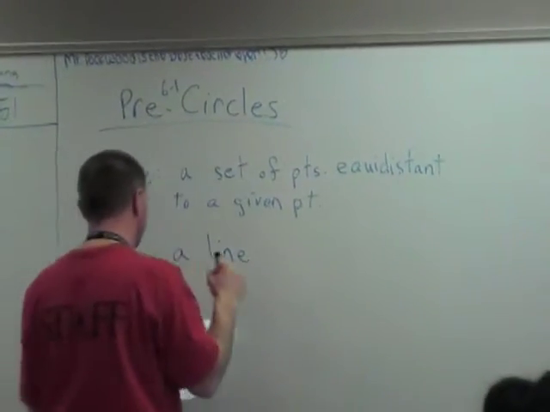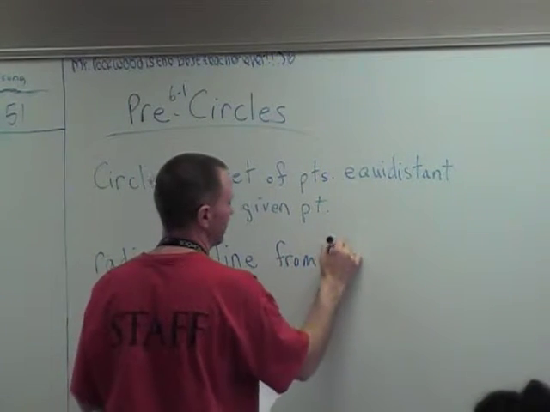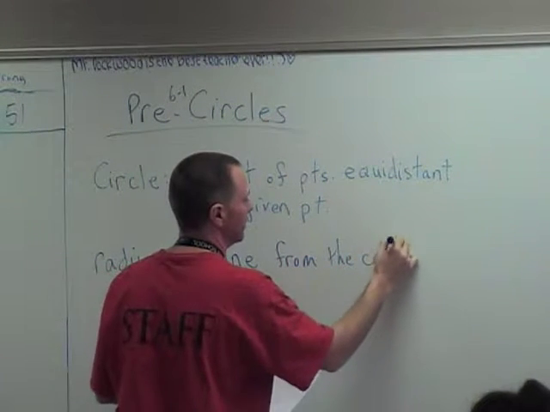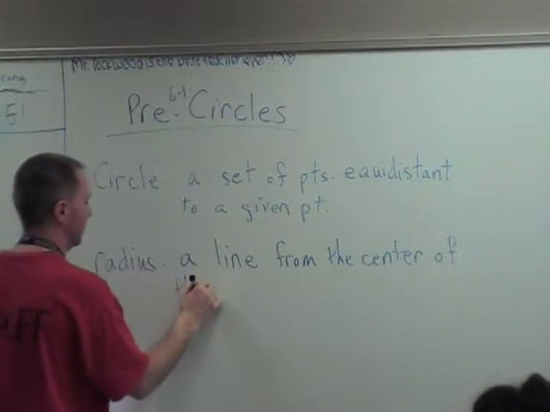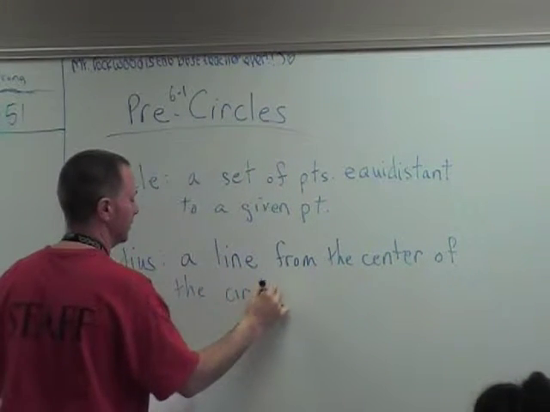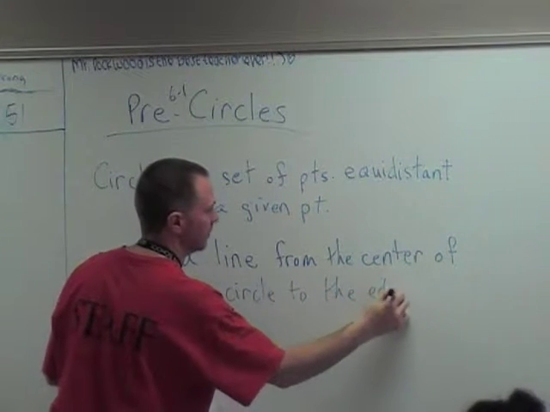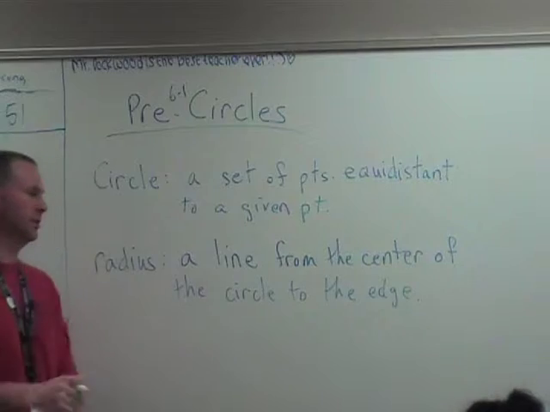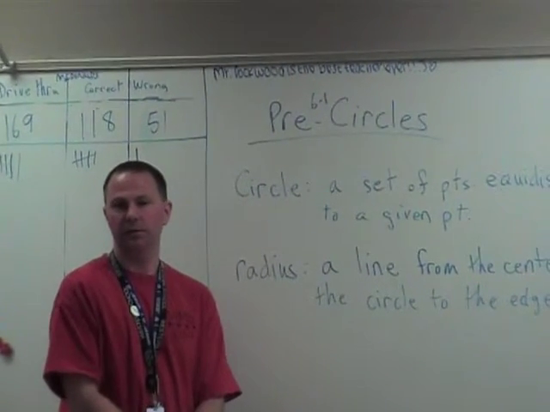A line from the center of the circle to the edge. From the center of the circle to the edge of the circle. That's a radius.